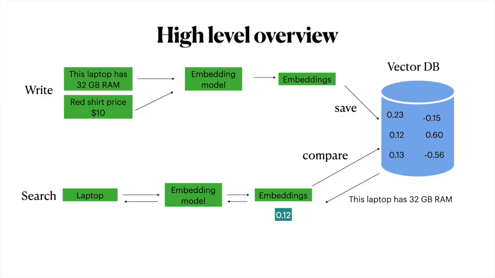So that embedding will be compared with the existing embedded data which we have in the vector database. The vector database internally uses many algorithms, for example cosine similarity and dot product, to find similar results. Based on that, it will return the relevant information. For example, in this case, this laptop has 32 GB RAM will come as the output.